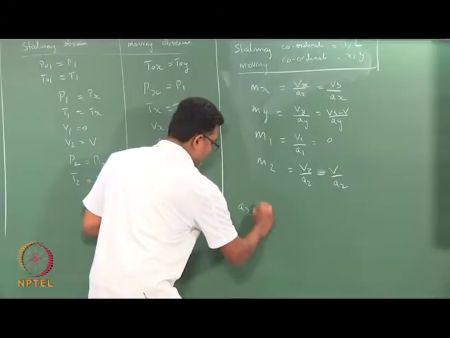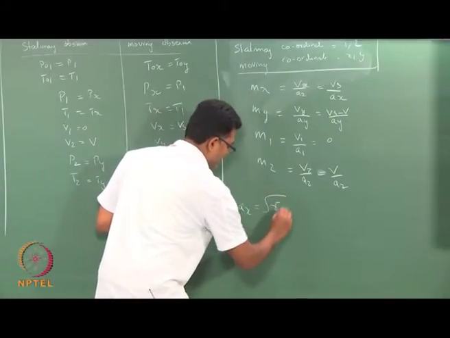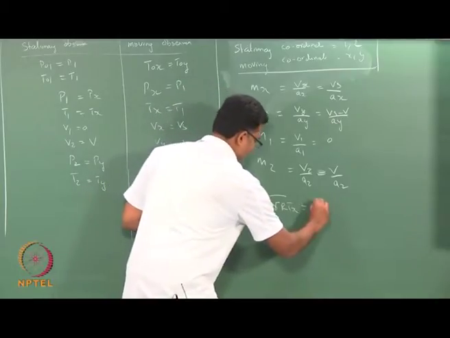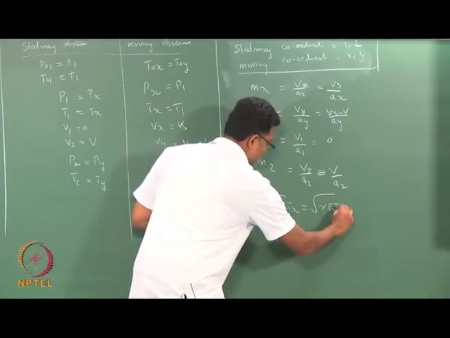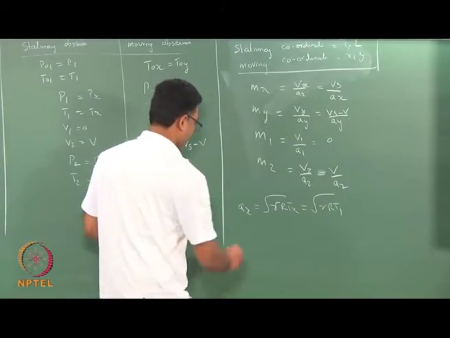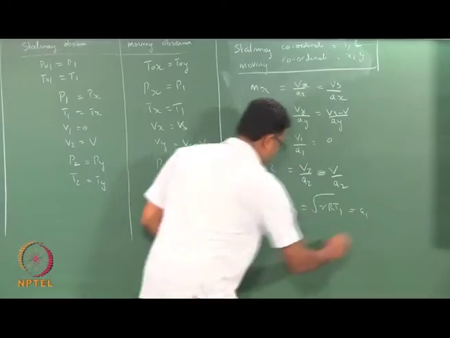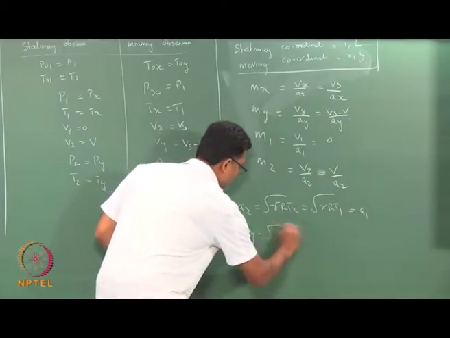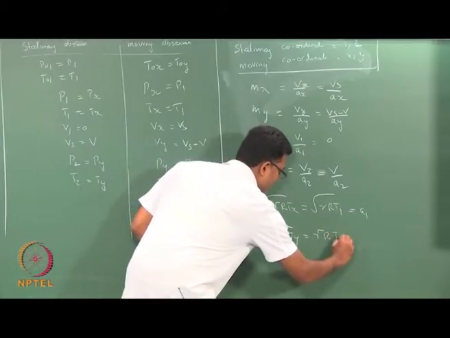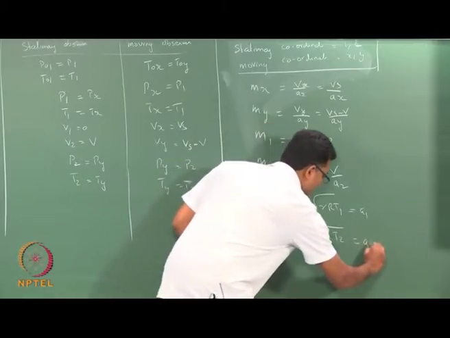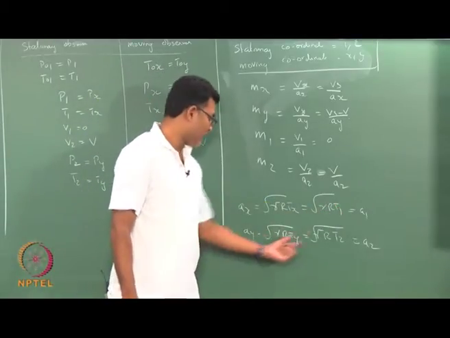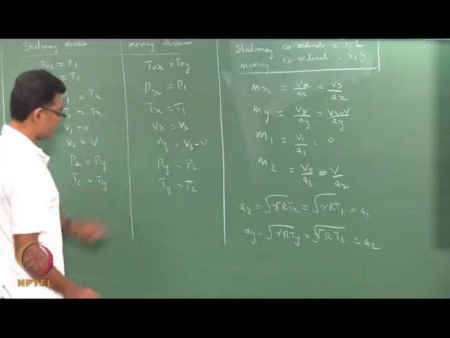So, my Ax is root gamma R Tx, which is same as root gamma R T1, which is same as my A1. Ay is root gamma R Ty, which is same as root gamma R T2, which is my A2. Okay. So, my Ax is same as my A1, Ay is same as my A2 because of this quantity.